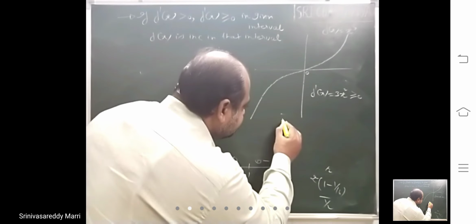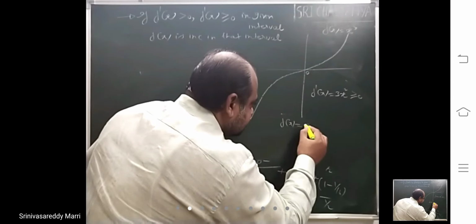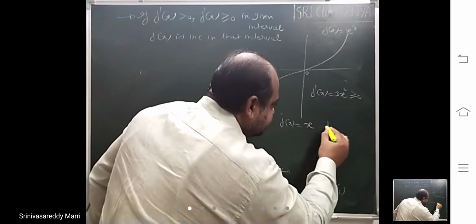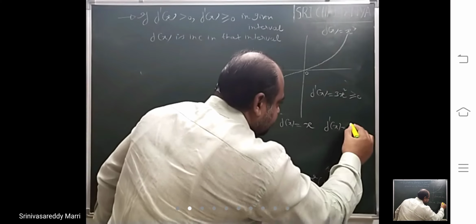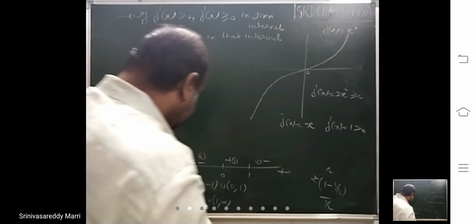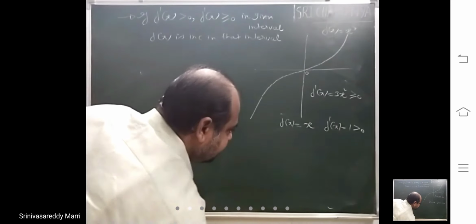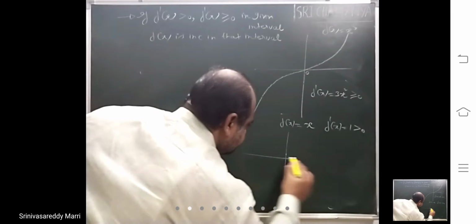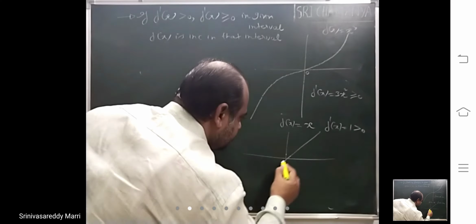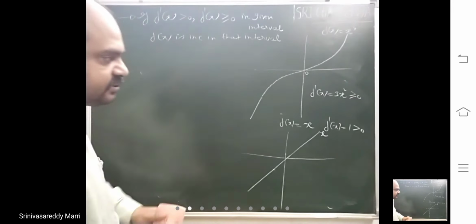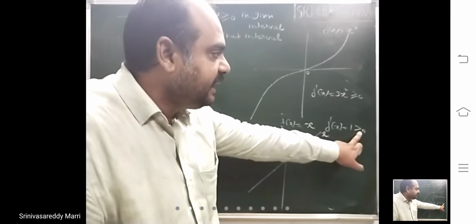Suppose f of x equal to x, you take another function. This f dash x is 1, greater than 0. So this is also an increasing function. Here it is completely greater than 0.